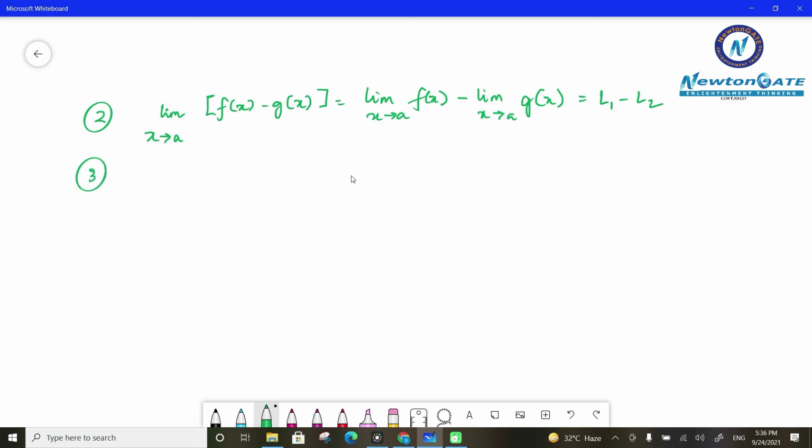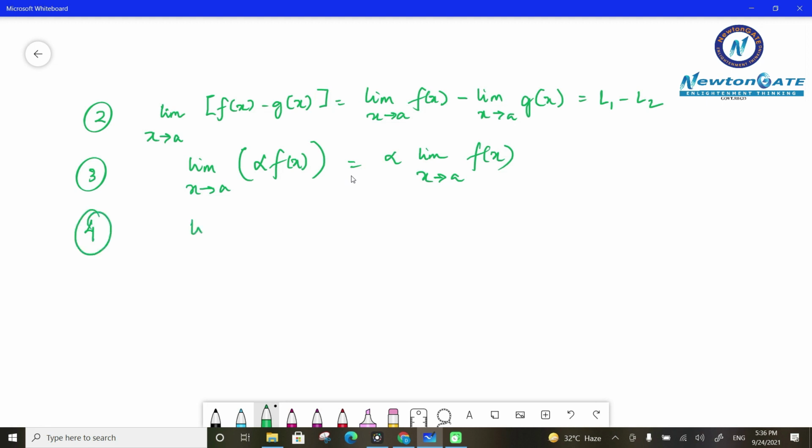If we have scalar multiplication, like the limit as x tends to a of alpha f(x), where alpha is a scalar, it is alpha times the limit as x tends to a of f(x).